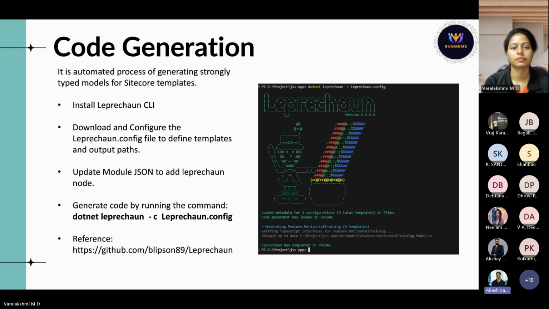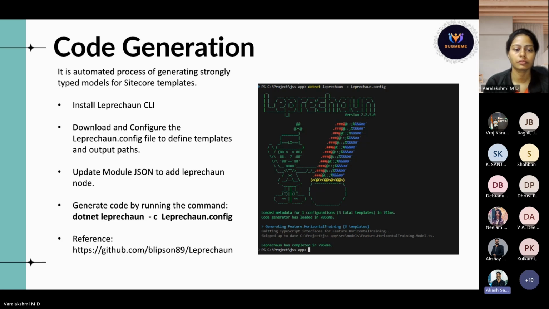To achieve this, we will be using Leprechaun. First, we have to install the Leprechaun CLI, then download the leprechaun.config from a Git repo, which is referenced at the bottom. Once it is downloaded, we have to update it accordingly, where we will mention where our model JSON file exists and in which folder the models have to be generated.